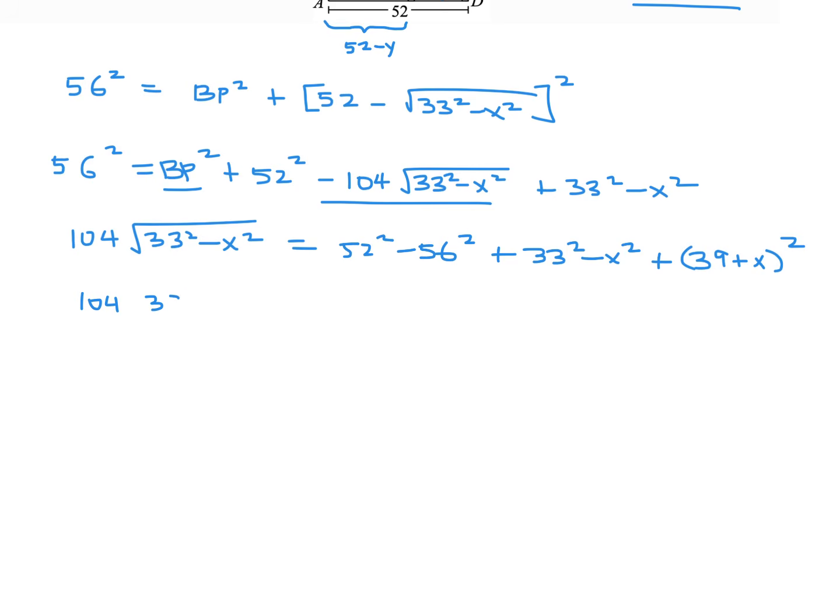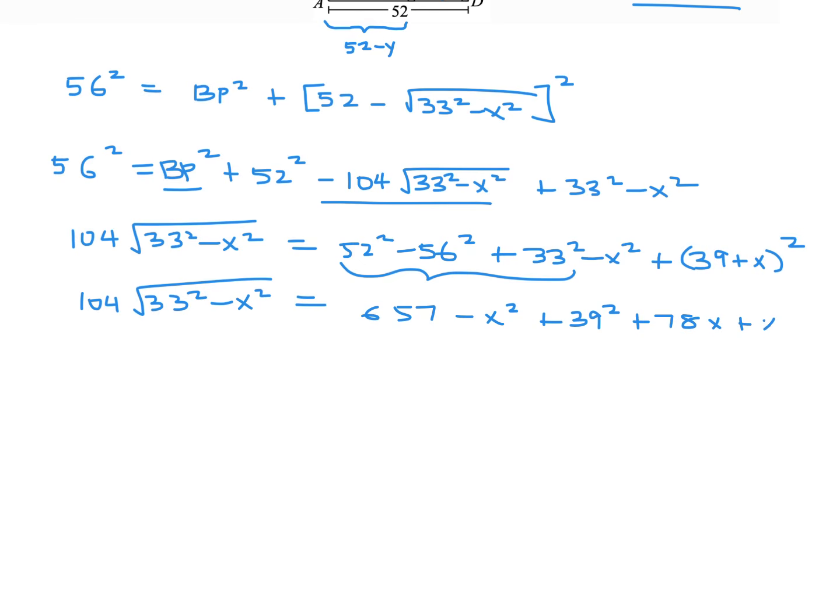Let's see what this all kind of comes down to here. So we got this guy, 57 and minus x squared plus, oh, we got another one here, 39 squared plus 78x plus x squared.